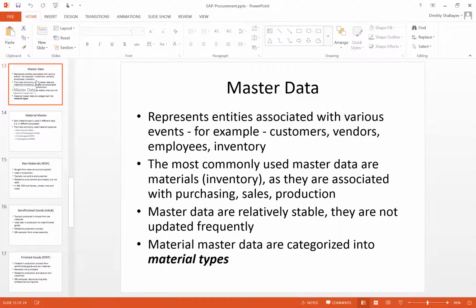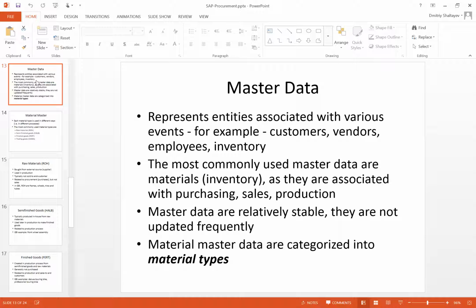Master data is something that is fairly stable. In other words, it does change occasionally, every once in a while, but it's relatively stable. For example, customers. Customers represent master data. If I record a customer in my SAP system, I know the name of the customer, their address, contact information, phone, email, contact name, etc. This is pretty stable data because only every once in a while it can change.